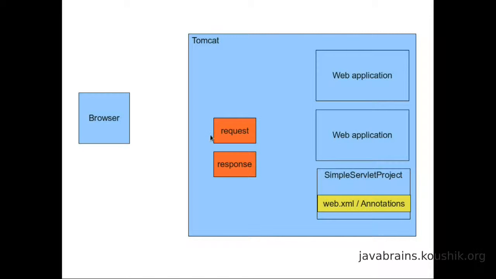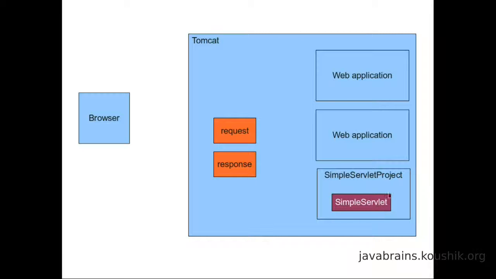This is something that we've already seen, based on the part of the URL after the web application. That part gives Tomcat a clue as to which servlet needs to be run. It references this with the web.xml or the annotations, and it identifies the servlet. In this case it is a simple servlet. Now it executes this simple servlet.